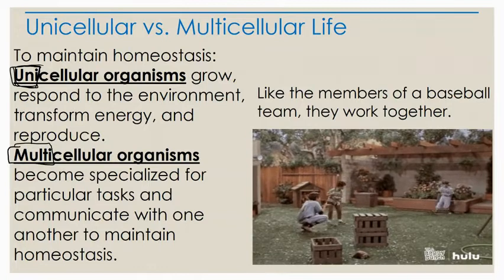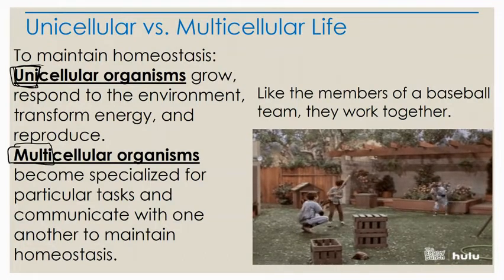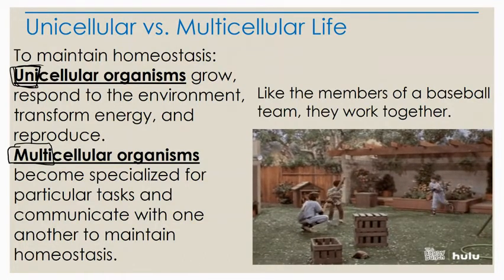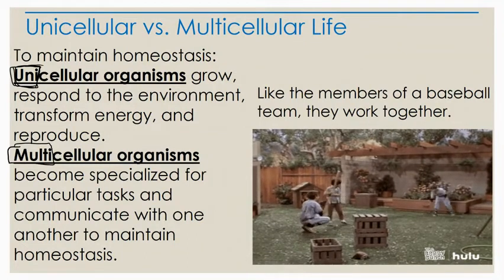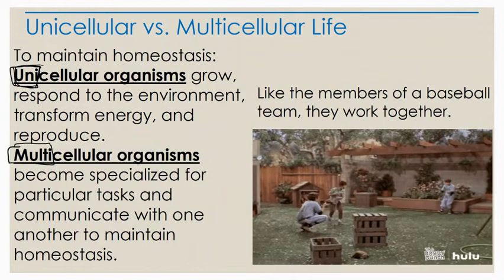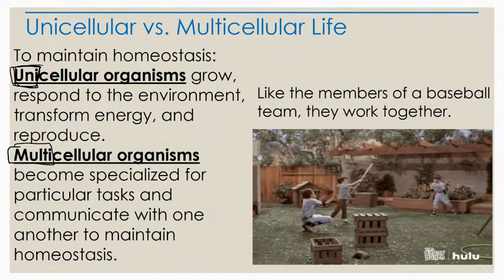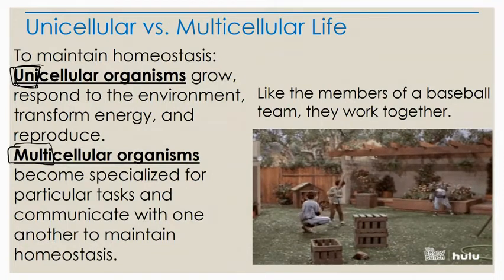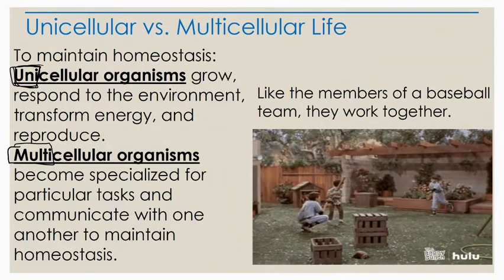So how those organisms maintain homeostasis, maintain a stable environment, is going to be very different. Unicellular organisms are going to respond to the environment as needed because they are just one single cell. So just that single cell is going to be growing and responding to the environment as needed to maintain homeostasis.